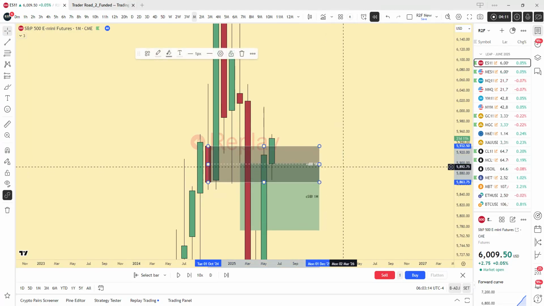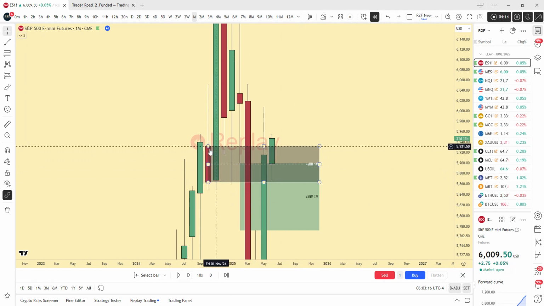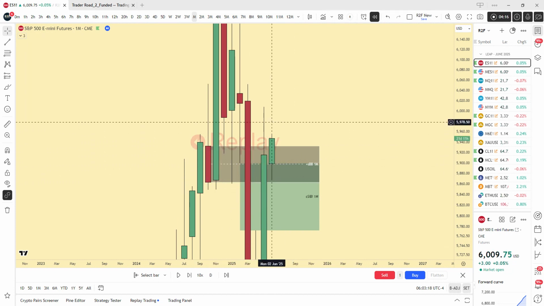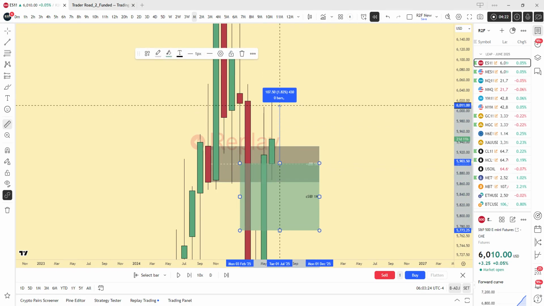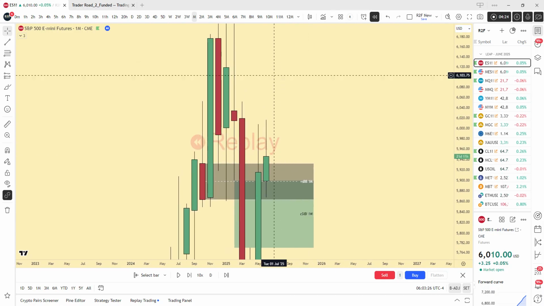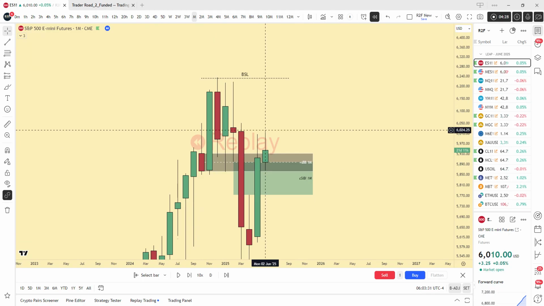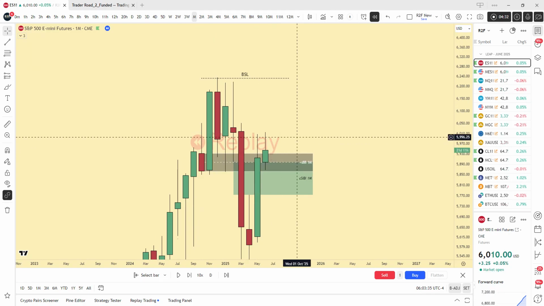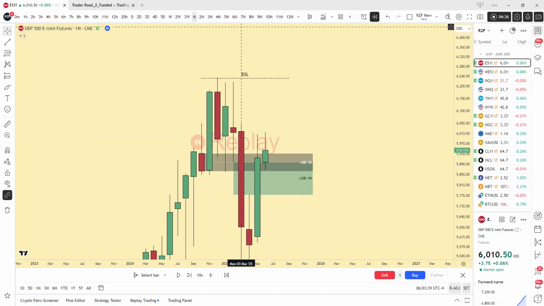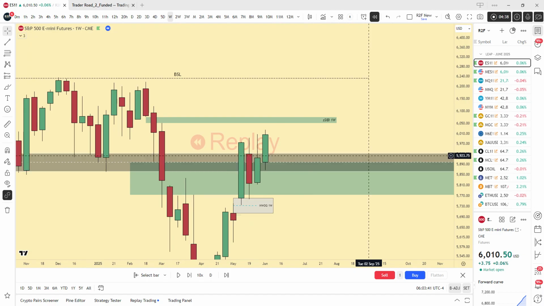I'm just taking the red candle, and then we started moving up there, and we took out that high. So quite a decent move on the S&P, I think, on the monthly time frame. So we came into an inversion gap, and then we took out that high. So we can have that narrative and bias that we want to take out the high, and we can see what we have on lower time frames as well.